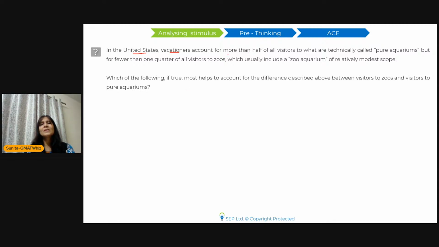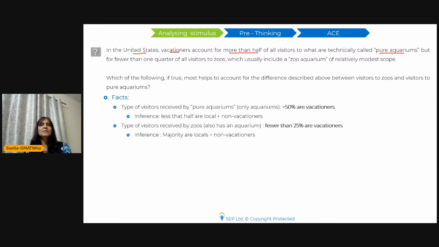More than half means 51% or more of all visitors to what are technically called pure aquariums. So the first part of this sentence is giving us some facts.